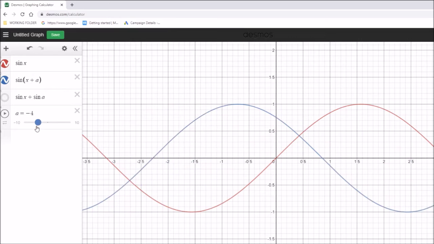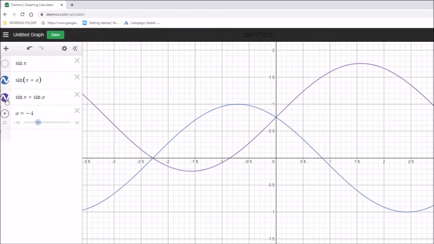But we're interested in this new function sine of x plus a. Now sine of x plus a is not the same as saying sine of x plus the sine of a. In fact, we can have a look at that just now. We know that this here is a function sine of x plus a. So what would be sine of x plus the sine of a? Well, that would be this function here.